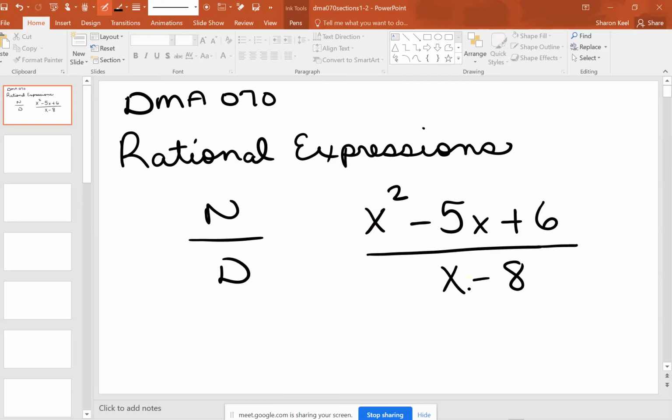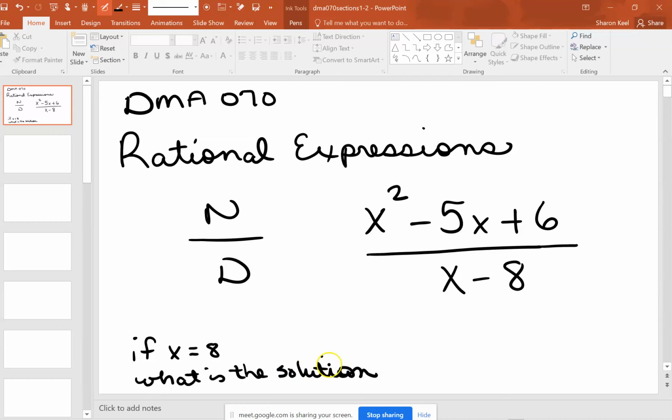Find the value of each expression for the given values of the variable. If I were to say if x is an 8, if x equals 8, what is the solution?